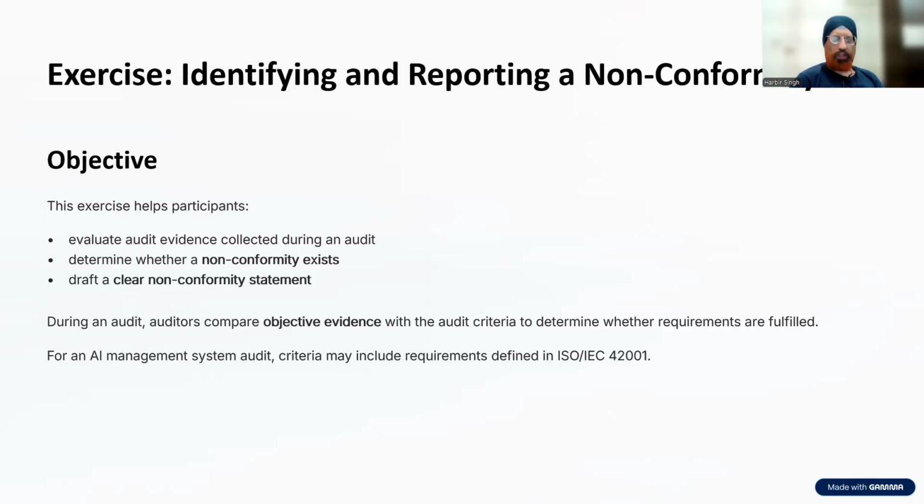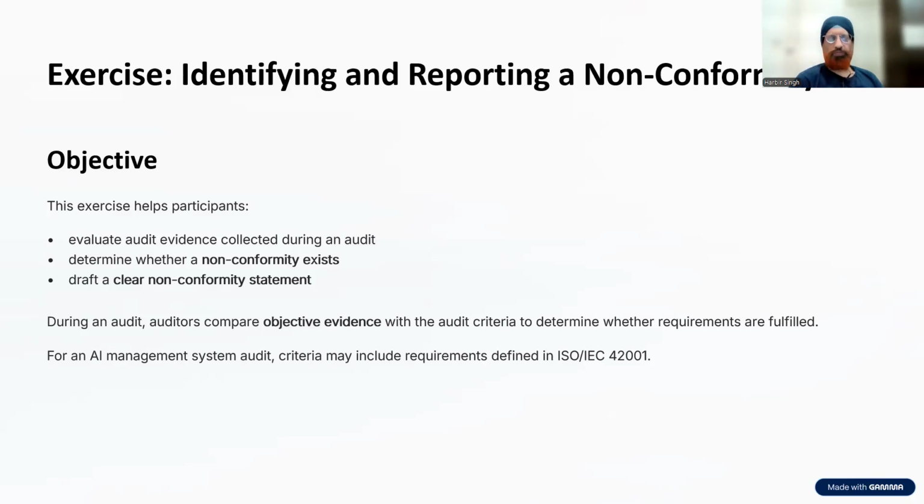So let's talk about the objective of this exercise. This exercise will help the learners to evaluate the audit evidence collected during the audit. First of all, we have to evaluate whatever evidence we have collected from the entire audit process. The audit might have gone for 5 working days, 10 working days, 20 working days, whatever be the case.